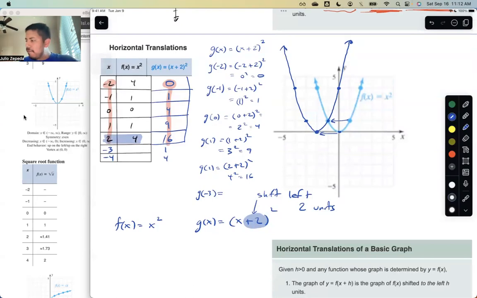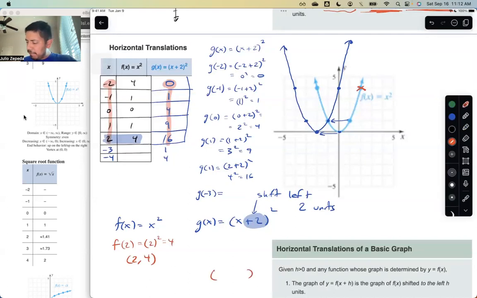Where is that y value of 4 going to occur? And let me put a red x in it here. 2, comma 4 is that point there with that x. That was produced by f of 2. So where is that same y value of 4 going to occur for g?